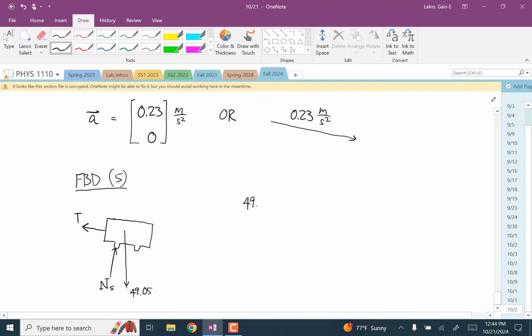So the weight force is 49.05 times the cosine and sine of 275 degrees. So that is 4.27, negative 48.86.